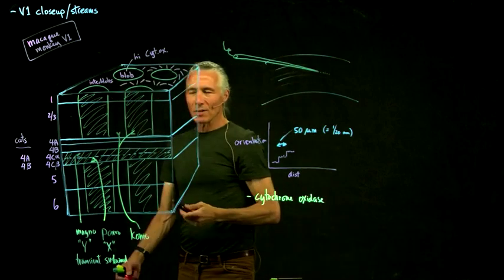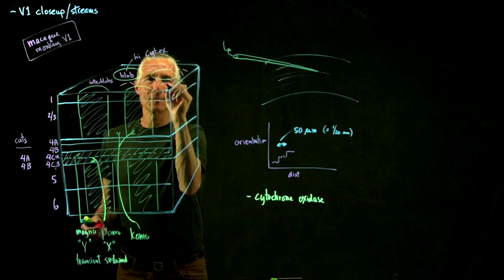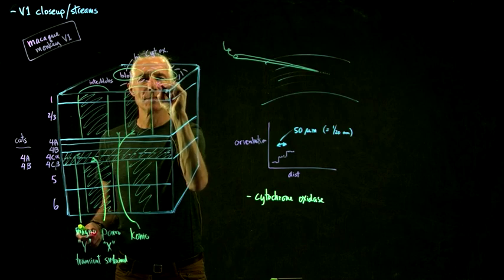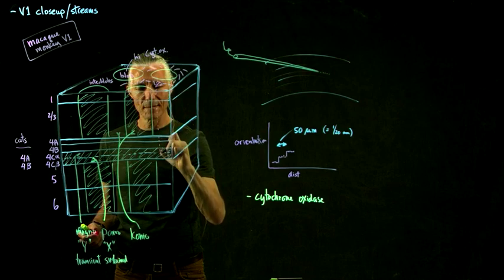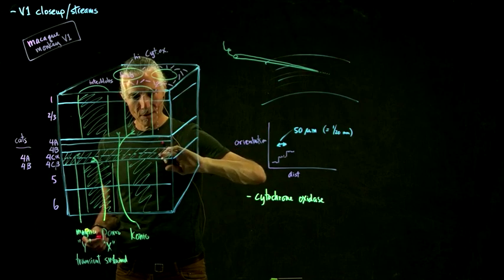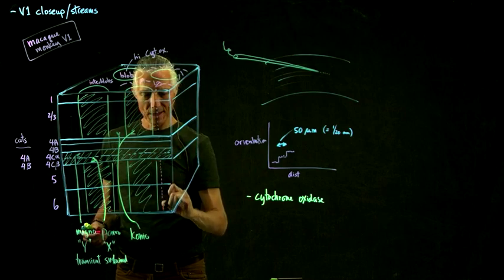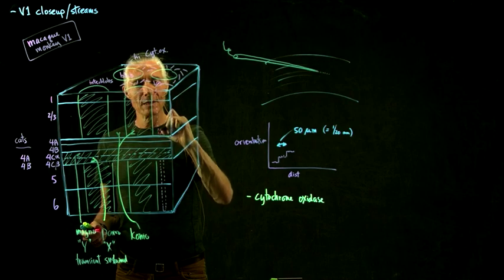Those are sometimes called the orientation columns. So say we take this guy right here. You can imagine there's a little column that extends, we're talking about a 20th of a millimeter. It doesn't go through layer 4. The cells in layer 4 are not orientation selective, but then it picks up below like this. So this little thing is an orientation column.